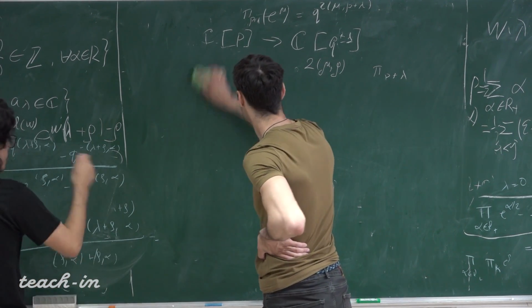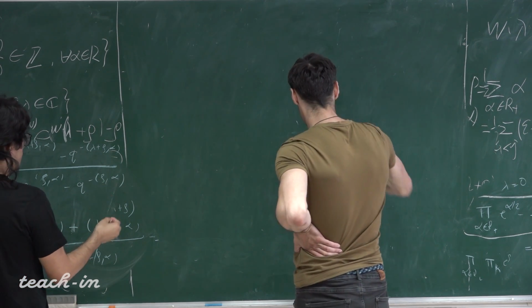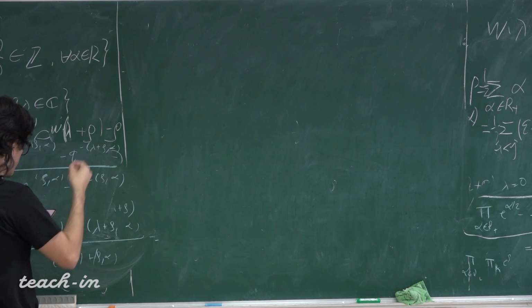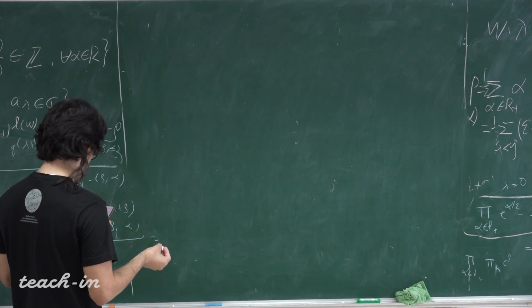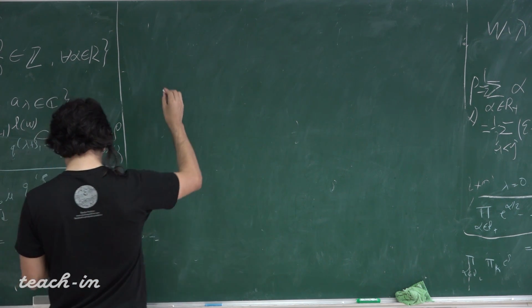In the modules of highest weight, here they compute how the trace looks in that space. So first of all, can you write the formula? What are we trying to prove?